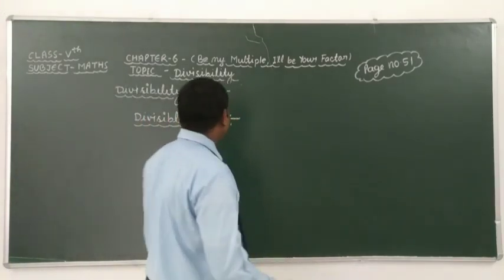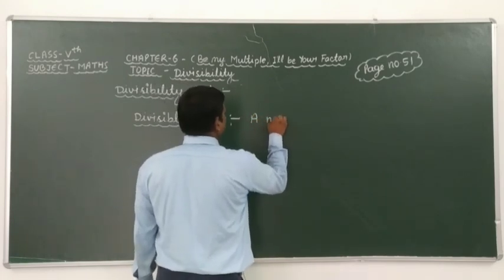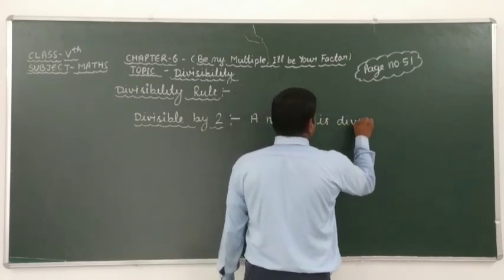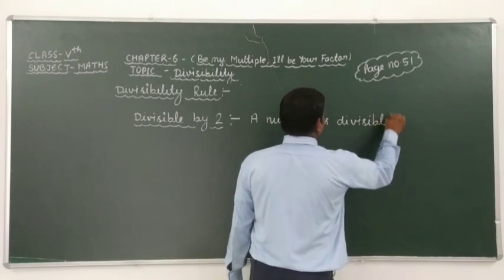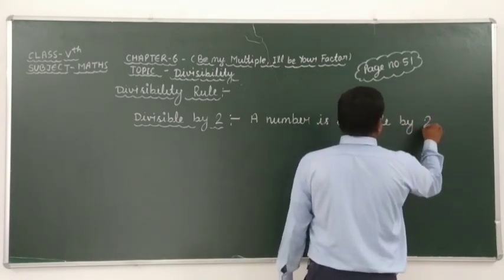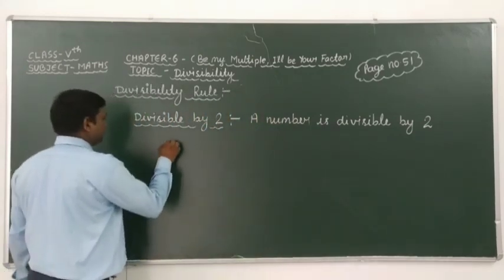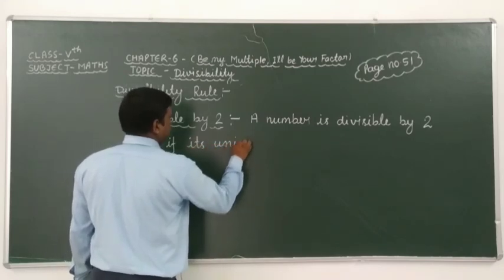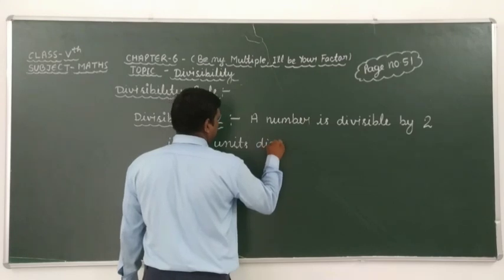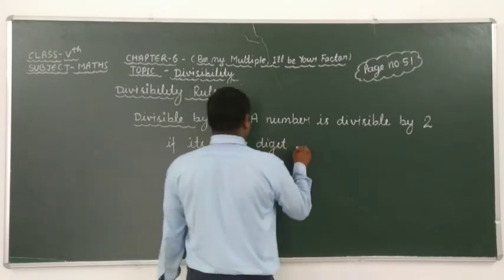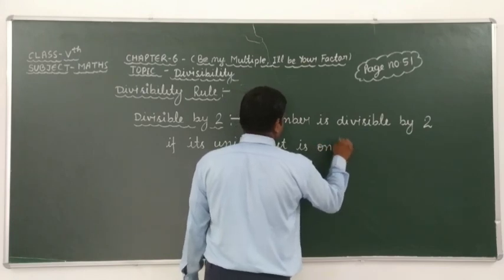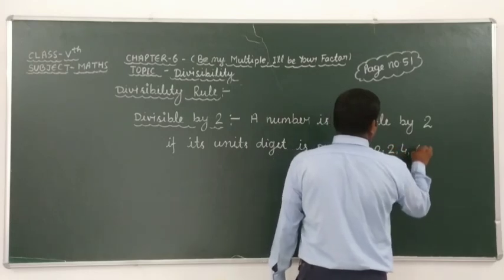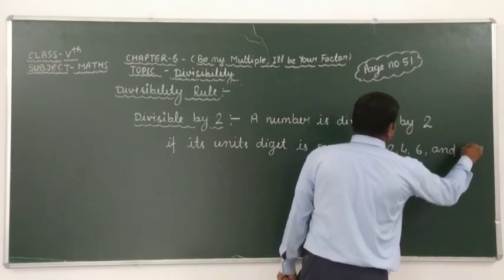A number is divisible by 2 if its units digit is one of 0, 2, 4, 6 and 8.